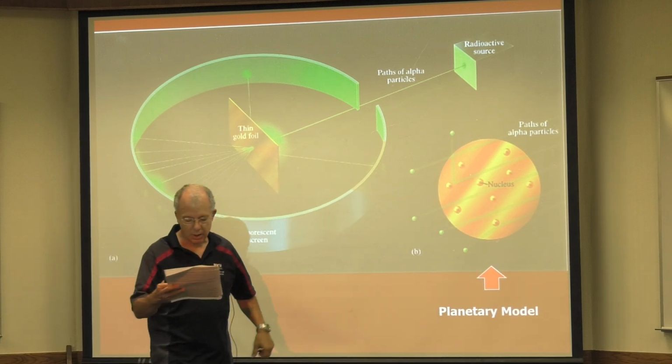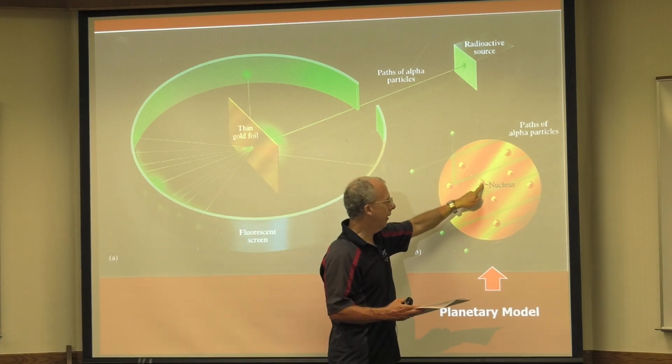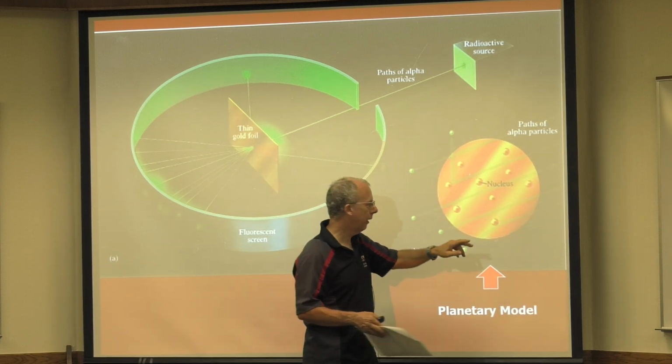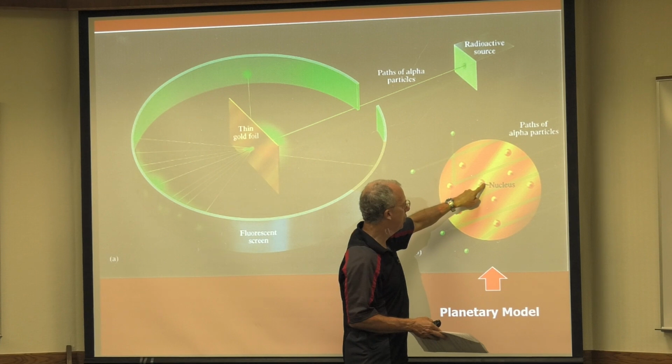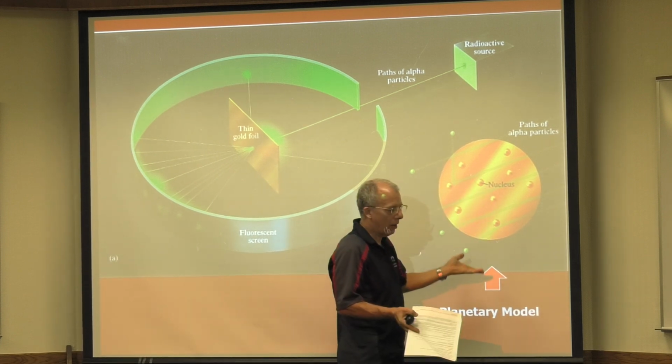There has to be these super, super dense things, and they carried all the positive charge. They didn't know about neutrons yet, right? So we have these incredibly dense, tiny, positive things, which they called the nucleus.